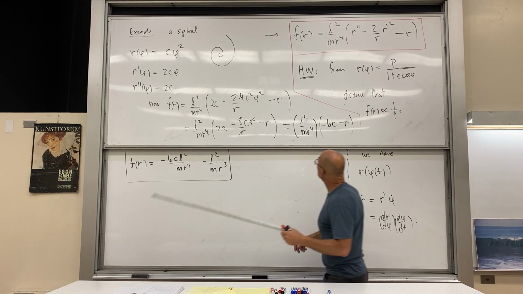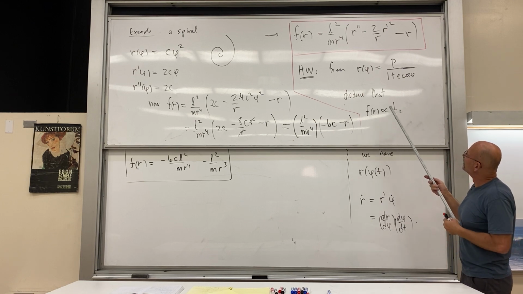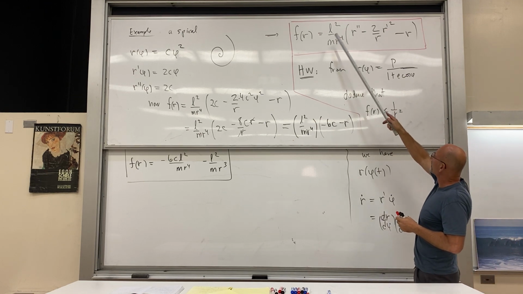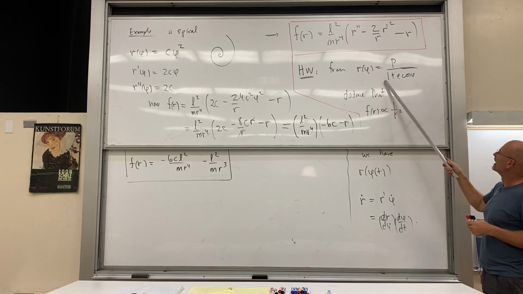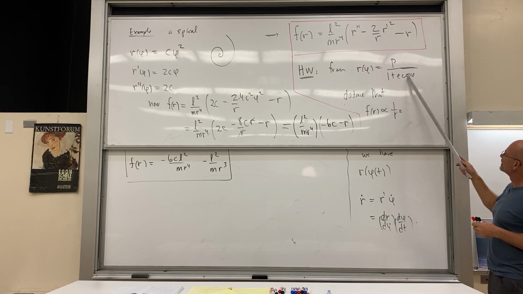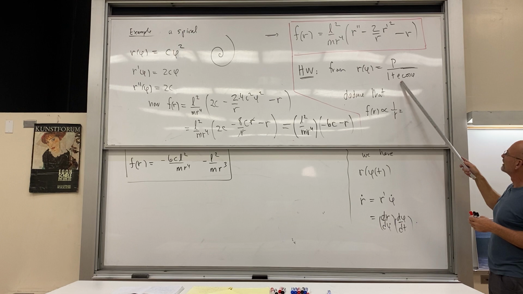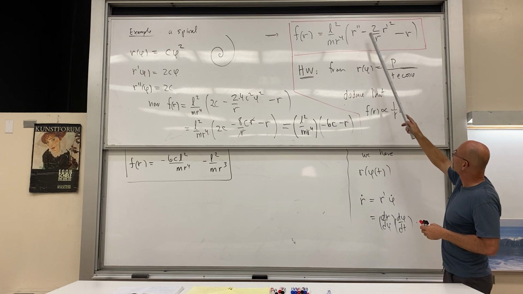We have to do some differentiating. This is going to take a little bit of work. You've already got the L squared over m r to the fourth, so you have to take those two derivatives, and you'll have 1 plus e cos phi to the minus second power with an inner derivative, minus e sine phi, that type of thing. For the first derivative, you have to take a second.